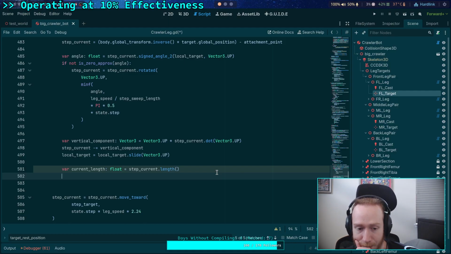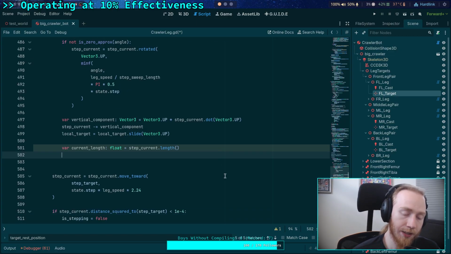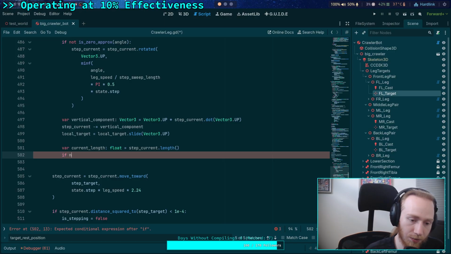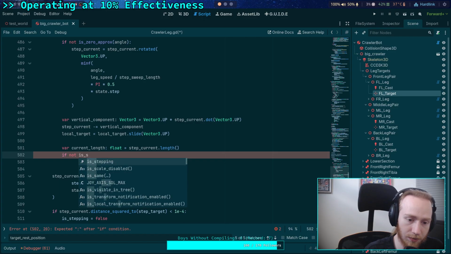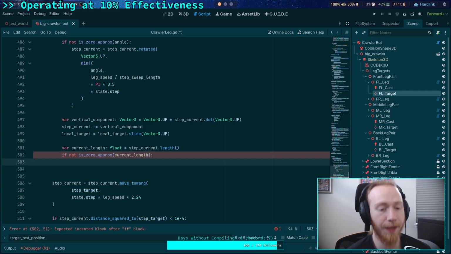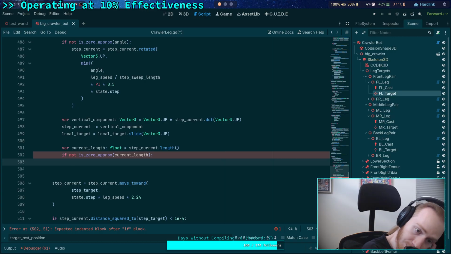Because what I'm thinking I'm doing here is I now need to normalize this. But I guess I only have to normalize it if it's non-zero. So I say if not... It feels like weird stuff is happening, but I guess it's probably fine. So if the current length is not 0, then I will be doing something.